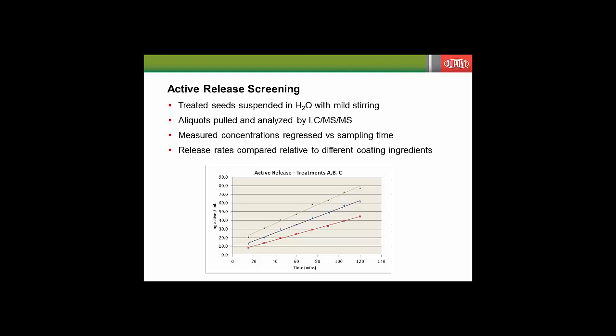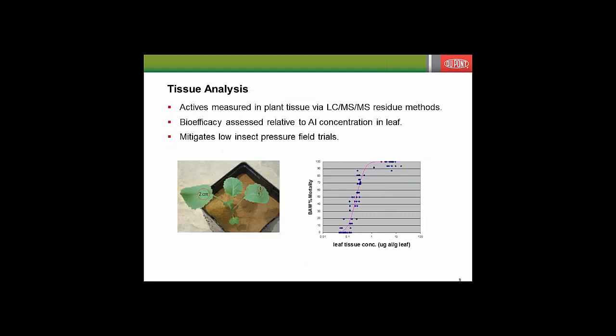And this slide just simply shows a comparison of 3 unique treatments where there are agents on the seeds impacting release, and the trace at the bottom is an example of a treatment where the active was being held more tightly on the coating versus the trace near the top. So just some quick qualitative information, if you will, to get a sense of how different treatment components might impact the release of the pesticide.